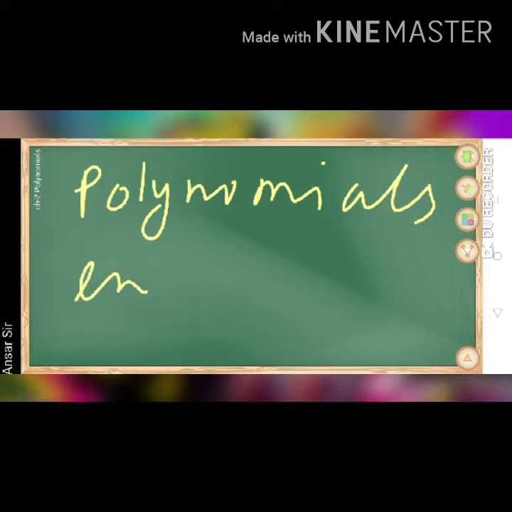A polynomial in one variable is an algebraic expression of one variable in which the exponents of the variable are whole numbers.